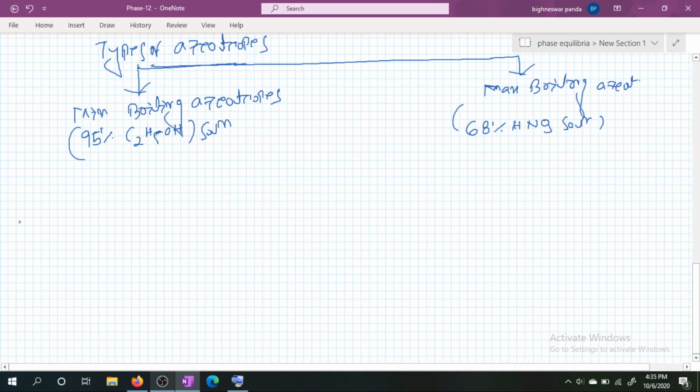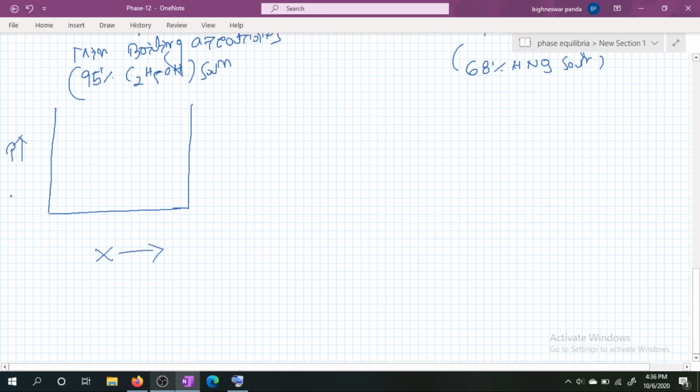Since these are non-ideal solutions, according to Raoult's law, here I am taking the mole fraction and here the vapor pressure.